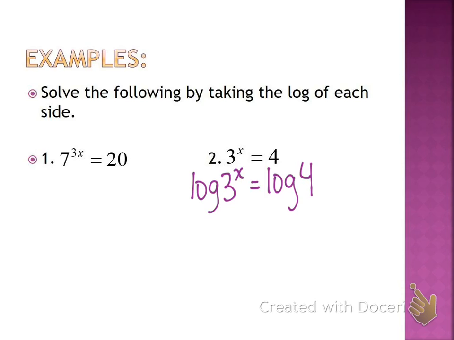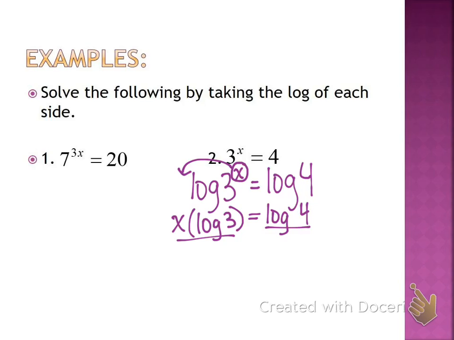Now we can use which property? The power property allows us to take our exponent and put it in front of its log. So we have x times log of 3 equals log of 4. Now to get x alone, we have to undo some multiplication. So we are going to use division. What are we going to divide by? Log 3.